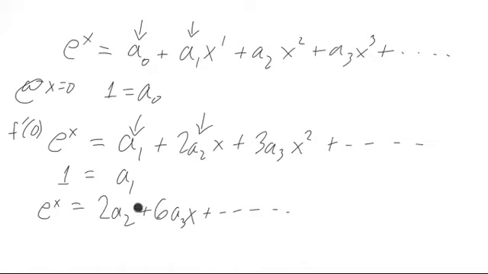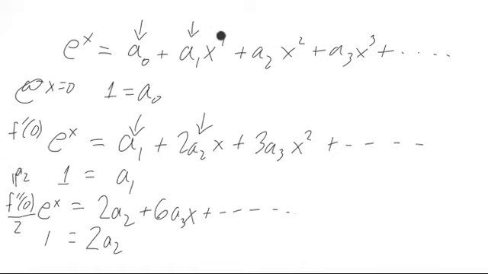So let's plug in 0 everywhere. Realize this is the second derivative, and we're plugging in 0 to it. We're going to end up getting on this side 1 is equal to 2a2. So to find a2, we divide by 2. So we divide the second derivative with 0 plugged in, which is 1, by 2, and that gives us a2.